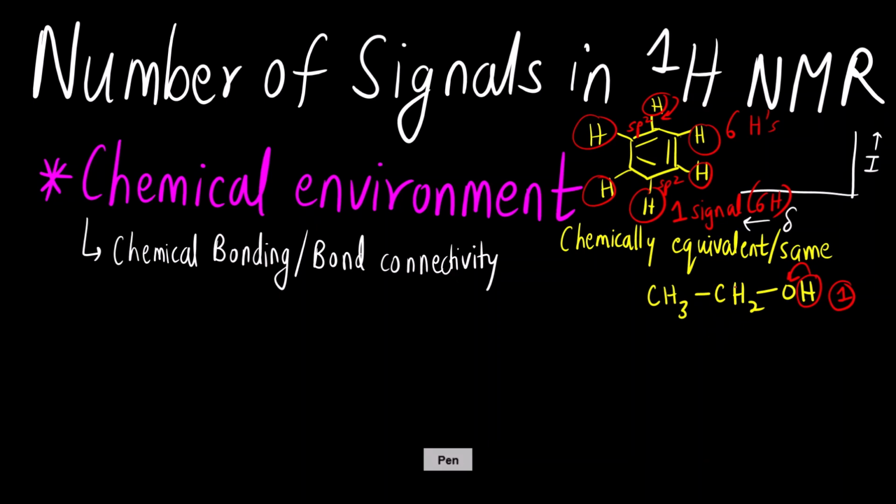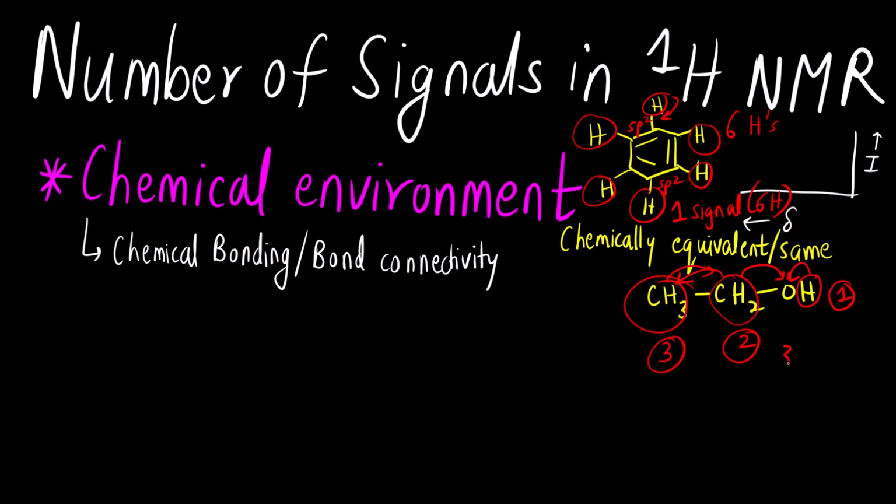So this entire CH2 group is attached to oxygen on one side and on the other side to a methyl group. So this is a different proton. The chemical bonding is different, so the chemical environment is different, so it will show one more signal, that is the second. And the methyl group is attached to CH2. It also has a different chemical environment, so this will be the third.